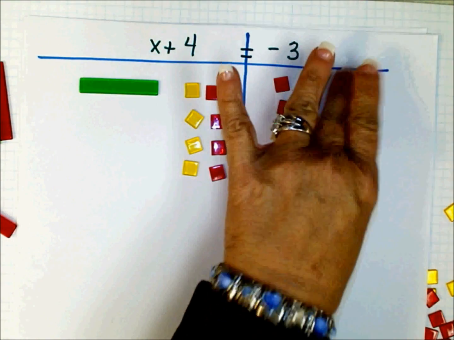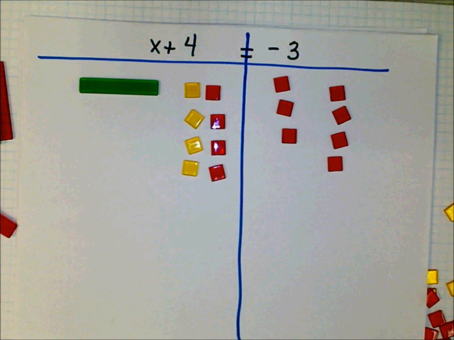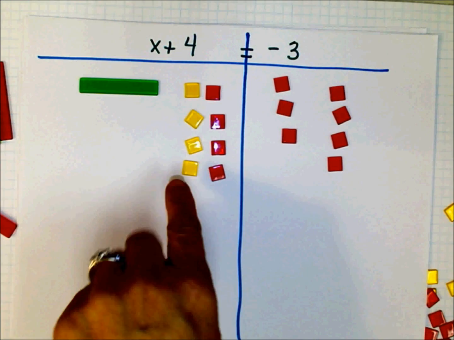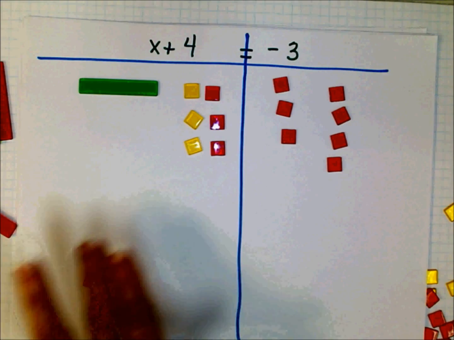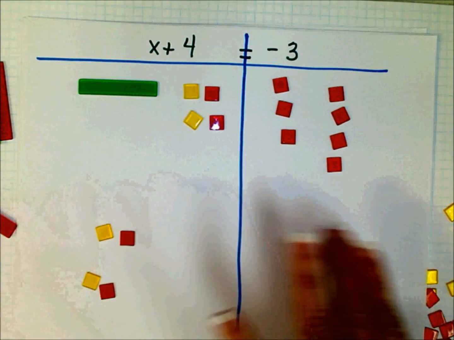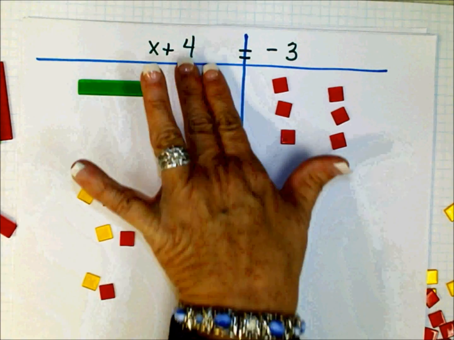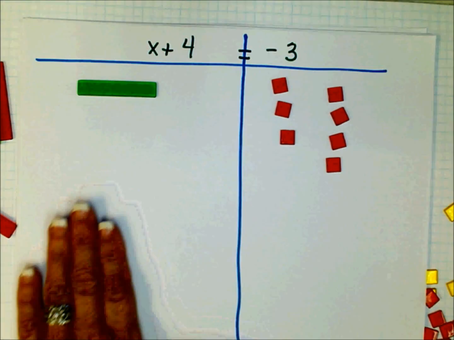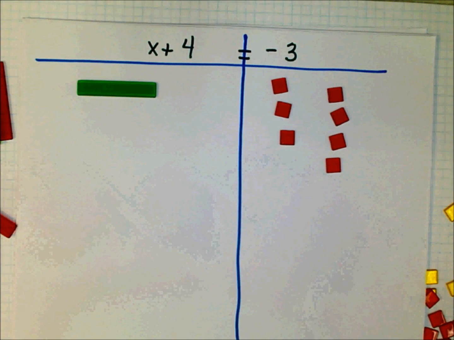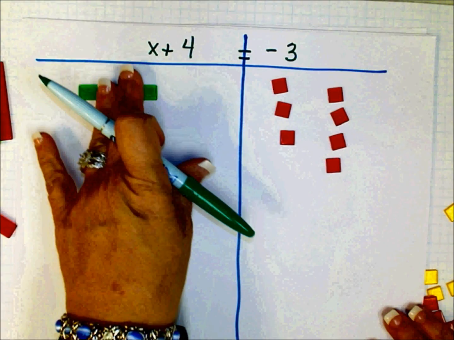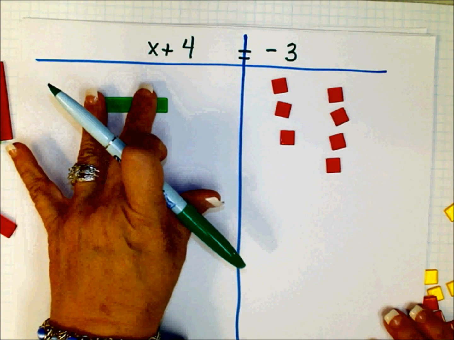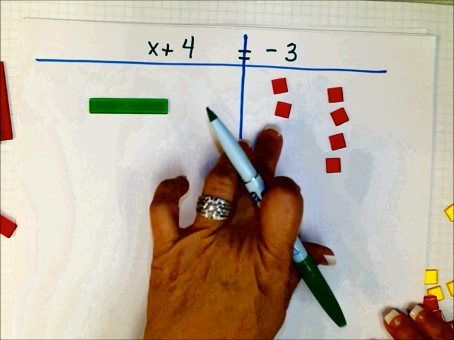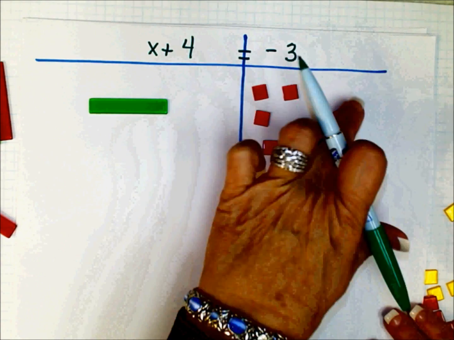Okay? Now, in the next step, on the left-hand side I have zero pairs, so that's like having nothing there. So I can take all of these zeros away. Each of those pairs I can take away because they represent 0. So now those are no longer there. So now what I have is that the value of this green bar, or x, is equal to 1, 2, 3, 4, 5, 6, 7.